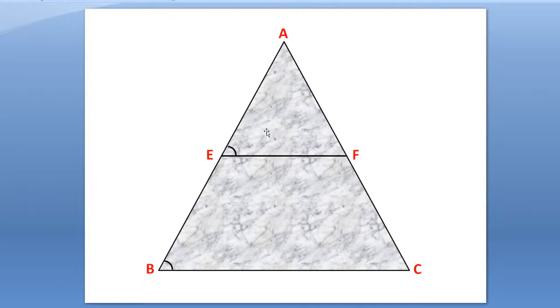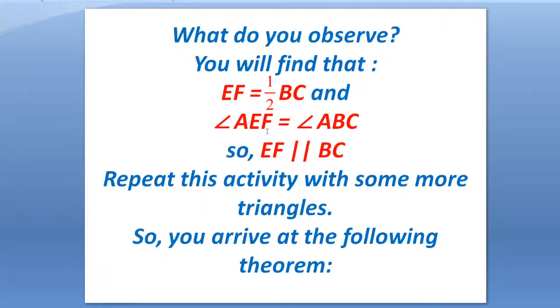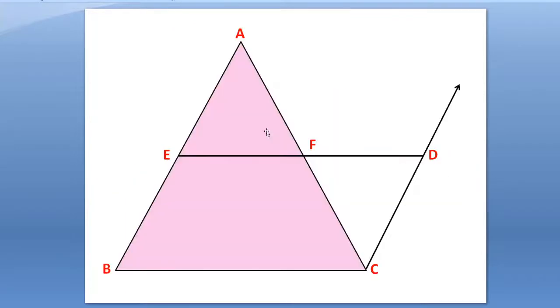See here, AEF and ABC are both equal, and EF is half of BC. Repeat this activity with some more triangles, and these results hold for any triangle. So we arrive at theorem number 8.9.